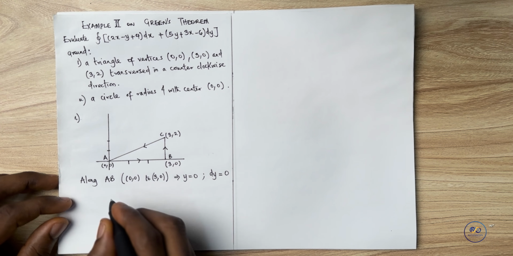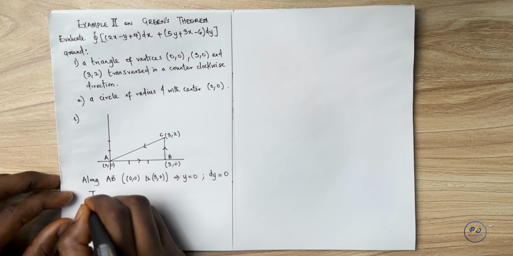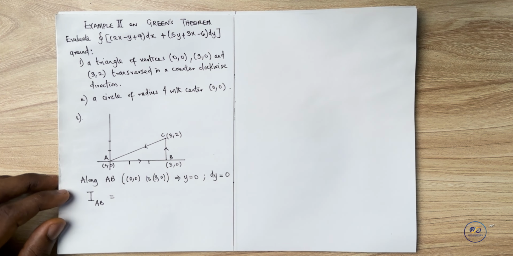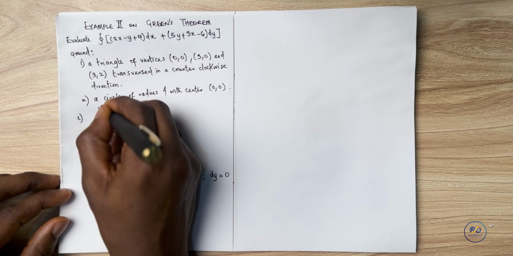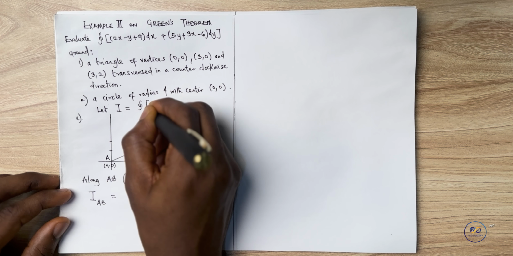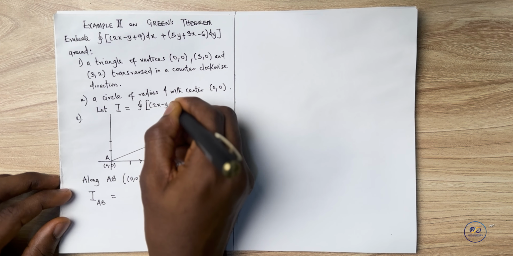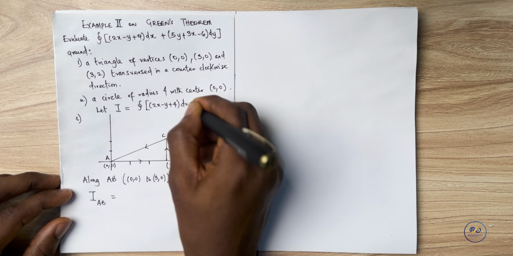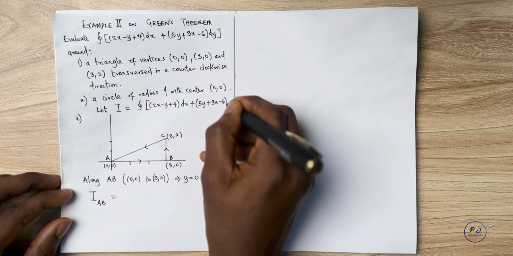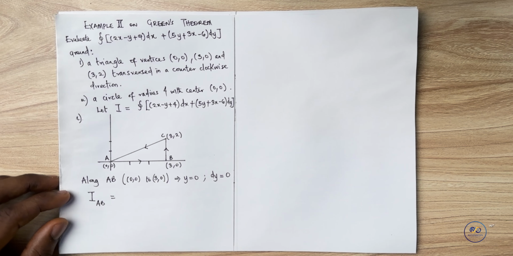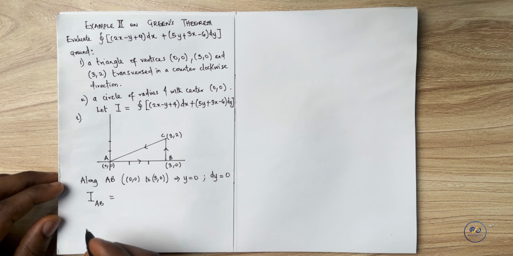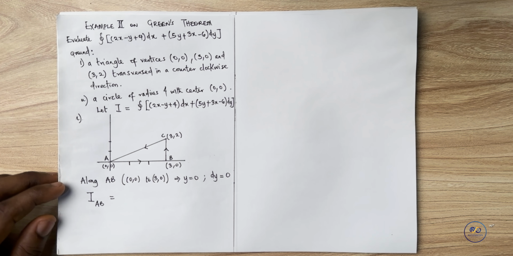Now, if this is the case, then let I be equal to the integral here. We can now define the integral along AB.